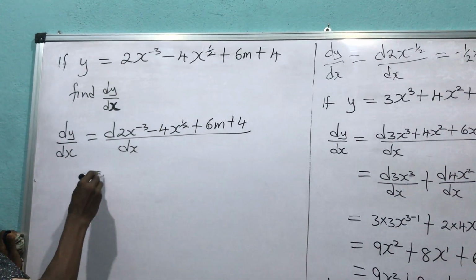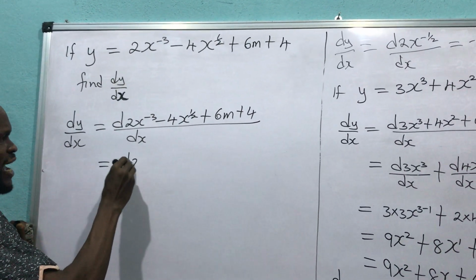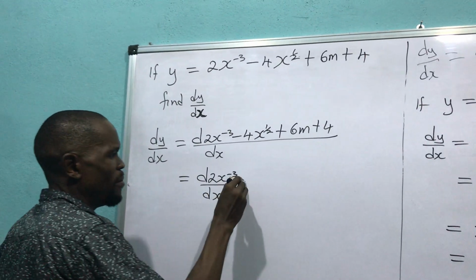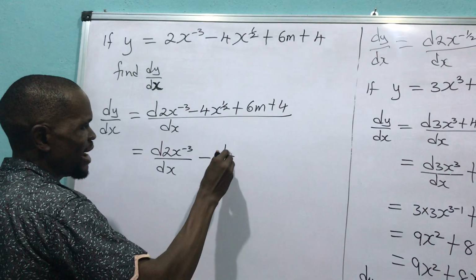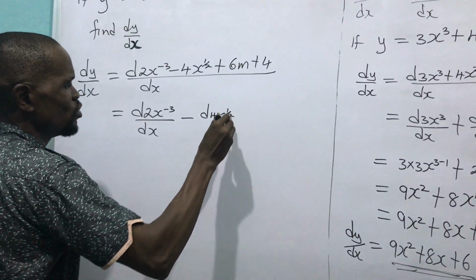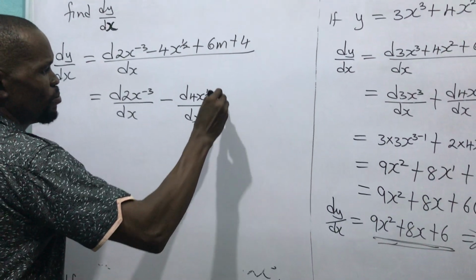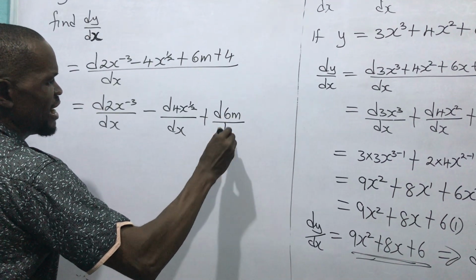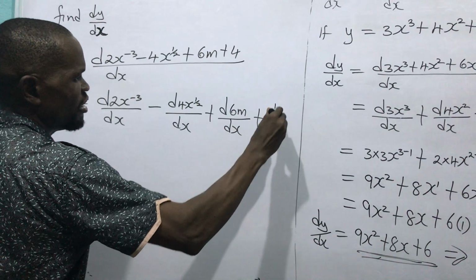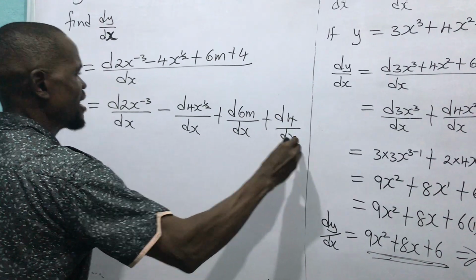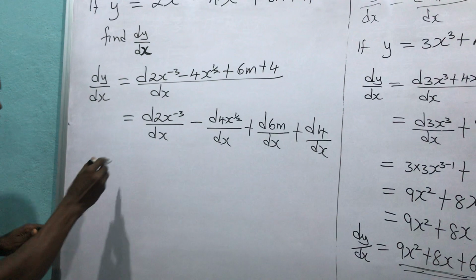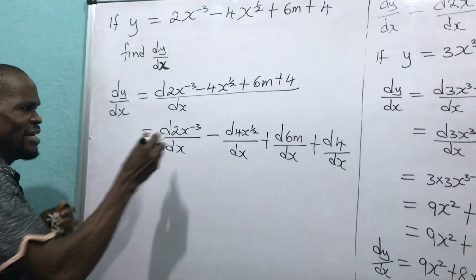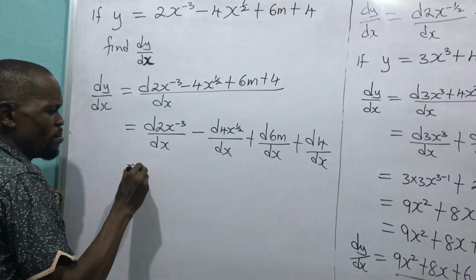And I will say that d(2x raised to power minus 3) over dx minus d(4x raised to power 1 over 2) over dx plus d(6m) over dx plus d(4) over dx. Right now, you remember what we are differentiating? We are differentiating this function in respect to x.